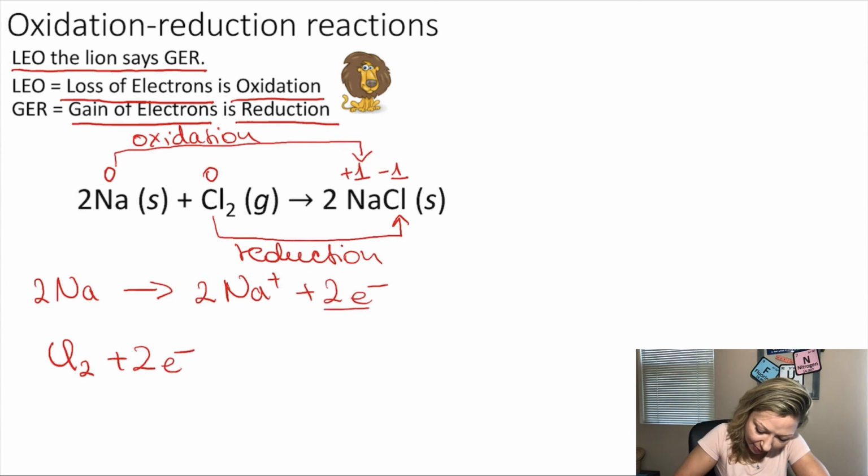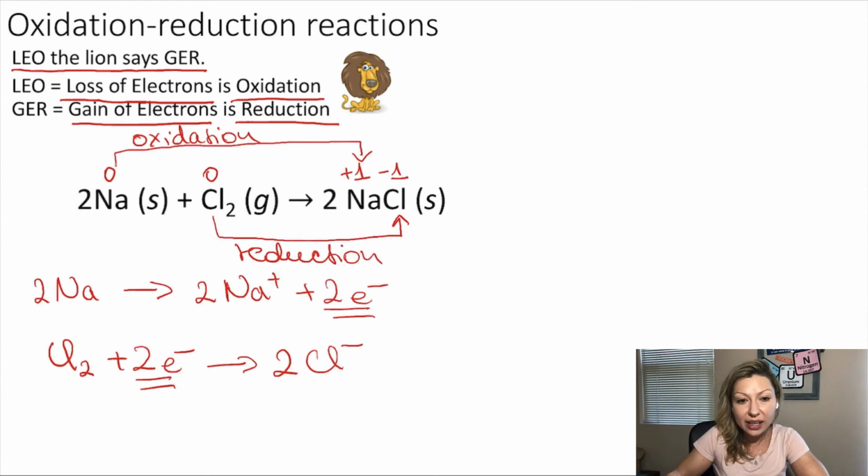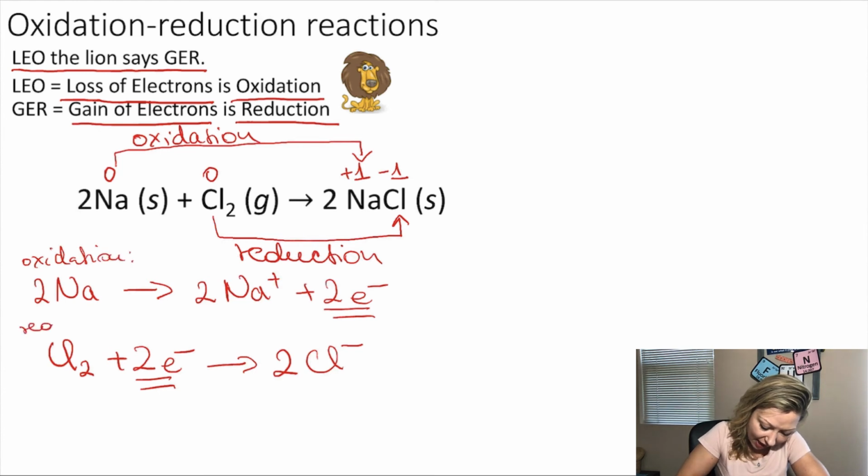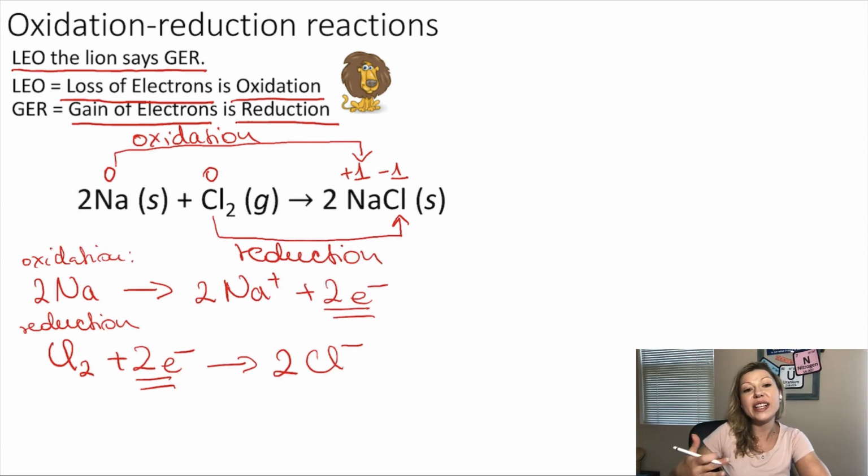Those are the same electrons the sodium atoms lost. Now we are adding them to chlorine to form two chloride ions. So here we have the oxidation and the reduction.